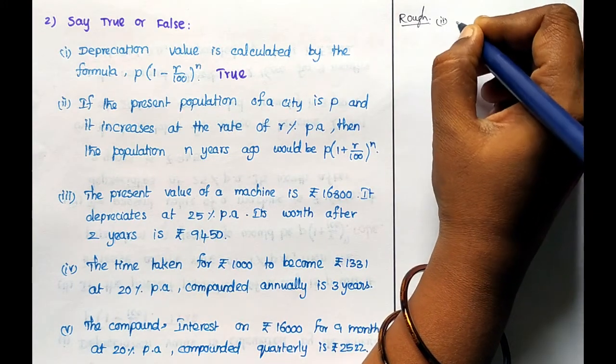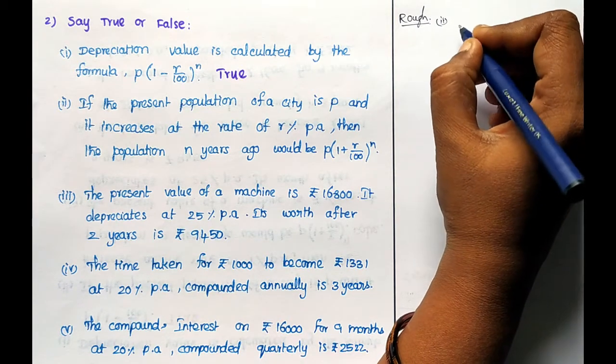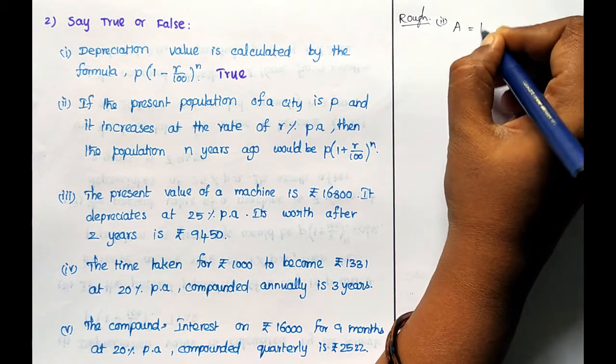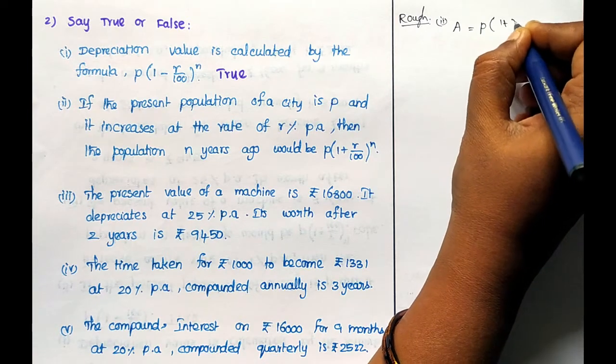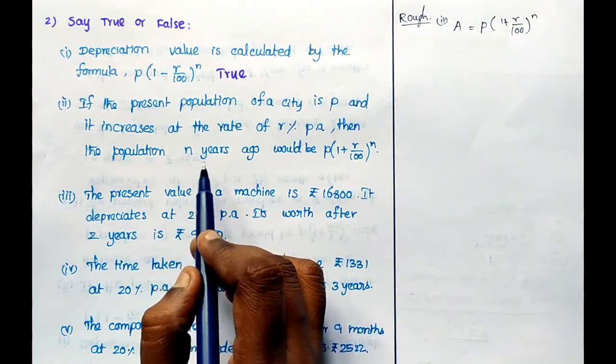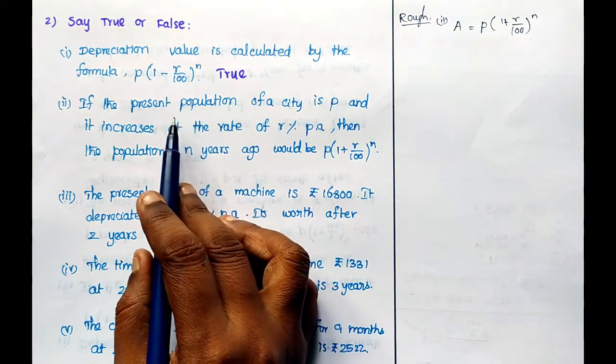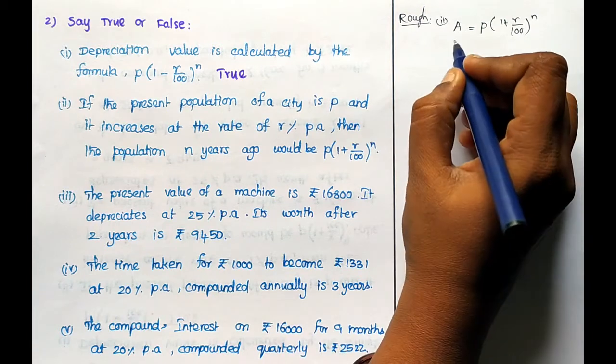We have to find out amount means P into 1 plus R by 100, but they given n years ago, so they given the present population means that is amount.